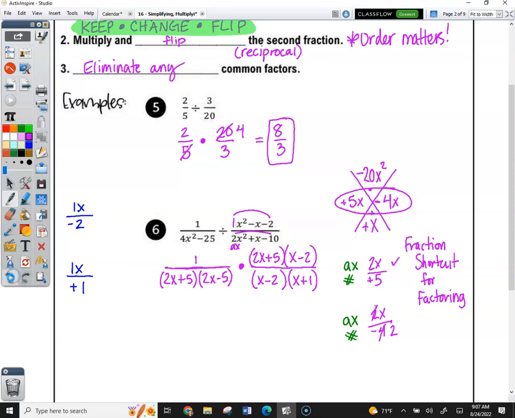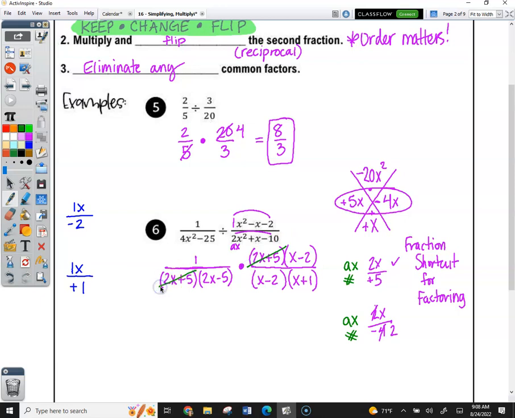And that's why I teach the fraction shortcut method when we get to problems like this, because I don't want to lose you in the first step just because you had to factor when A was not 1. I want you to be able to get through that step, because now the hard part's over, right? The first step's the hardest part. The rest is canceling. So, here we go.